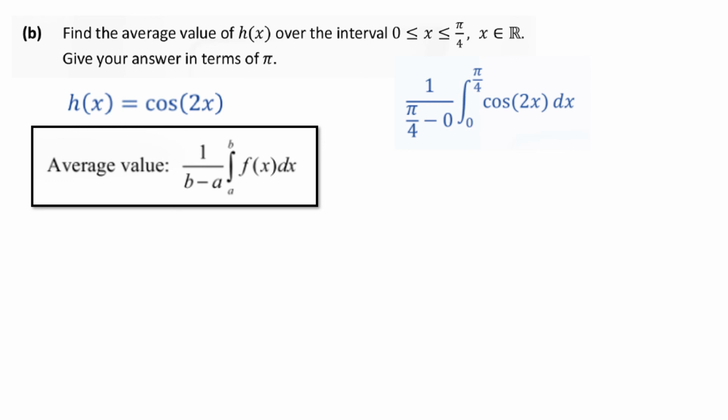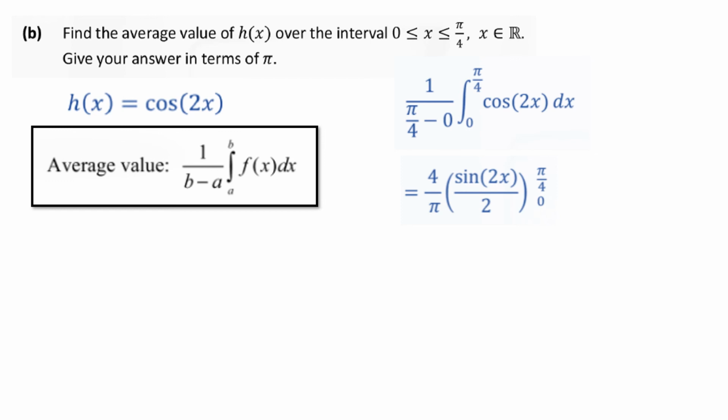Because we're integrating, to integrate cos of 2x, we integrate it like cos, but then to take account for the fact it was 2x, we divide by the derivative of the inner function. So we end up with something like this. 4 over pi times cos goes to sine of 2x over 2, because you're dividing by the derivative of the inner function. The inner function is 2x as opposed to it just being an x.